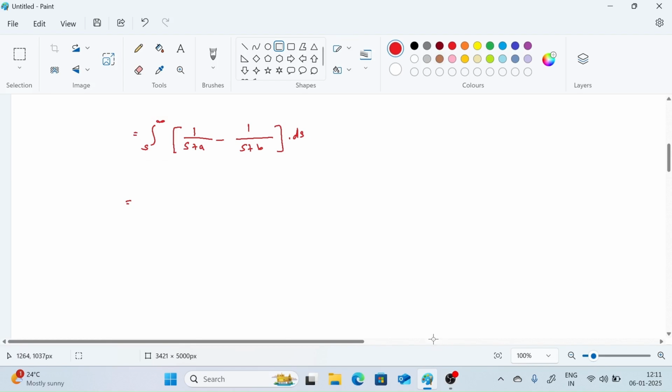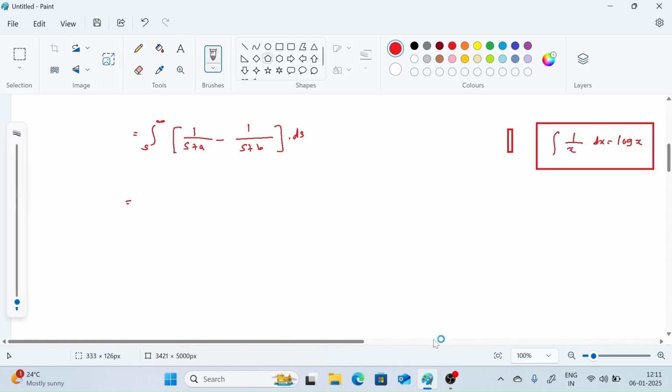We have learned that the integration of 1 upon x dx is equal to log of x. This is the formula which we have learned in 11th and 12th standard. So I'm going to apply the same formula here.